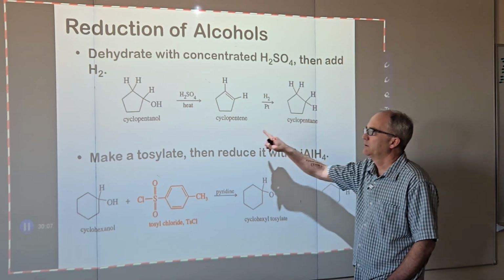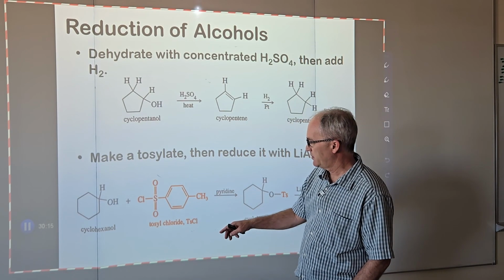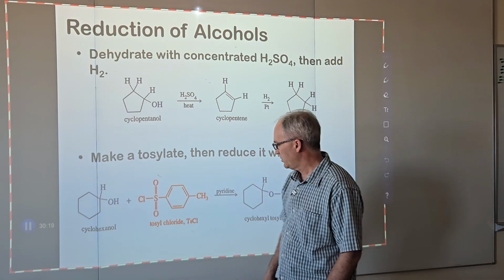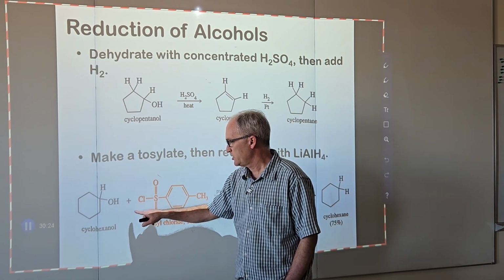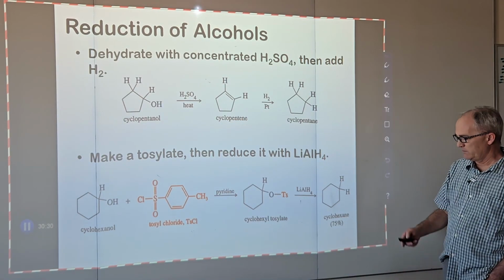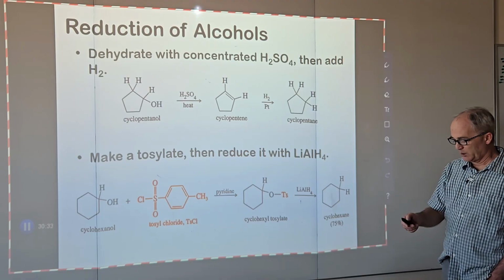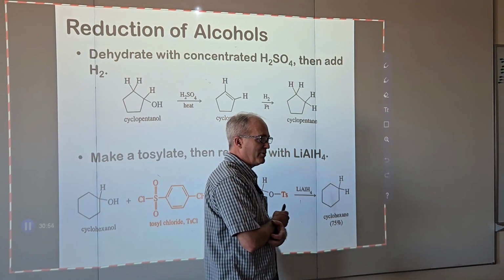We effectively remove the OH. Or here we take the tosylate, and I said there's the acid chloride derivative. This H and chlorine make HCl, this hooks right up. There's the tosylate, and there it is being reduced with lithium aluminum hydride. And I'm going to save a bunch of my good stuff for tomorrow.